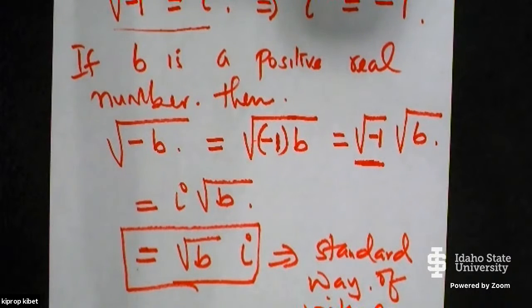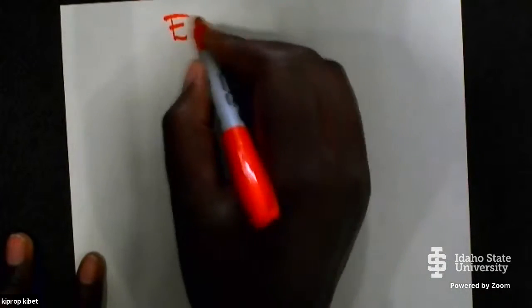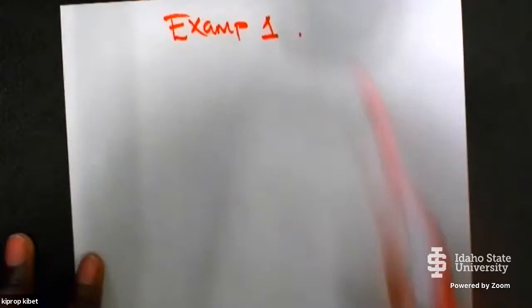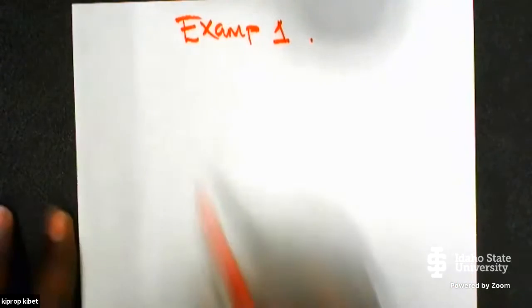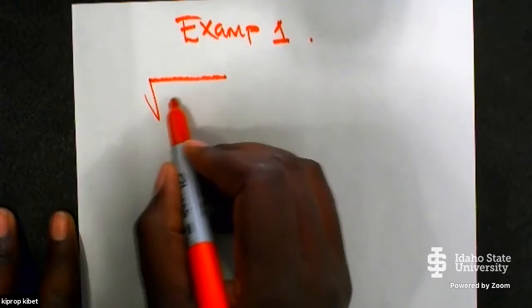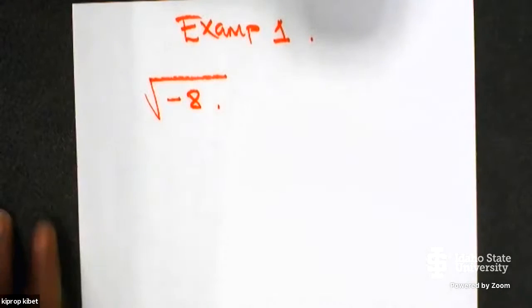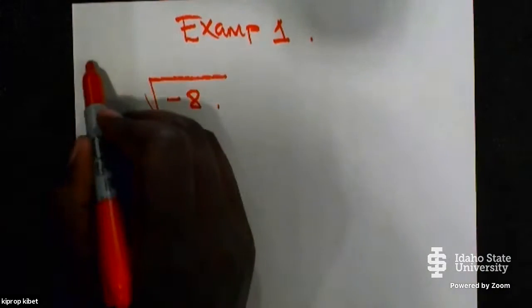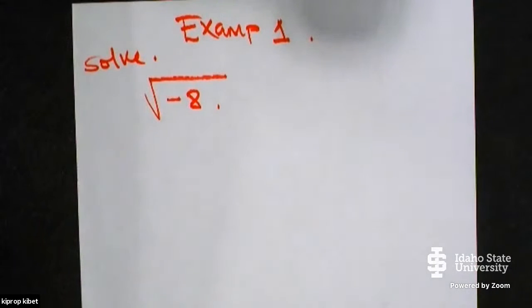Okay, so let's do example number 1. Simplify the square root of -8.